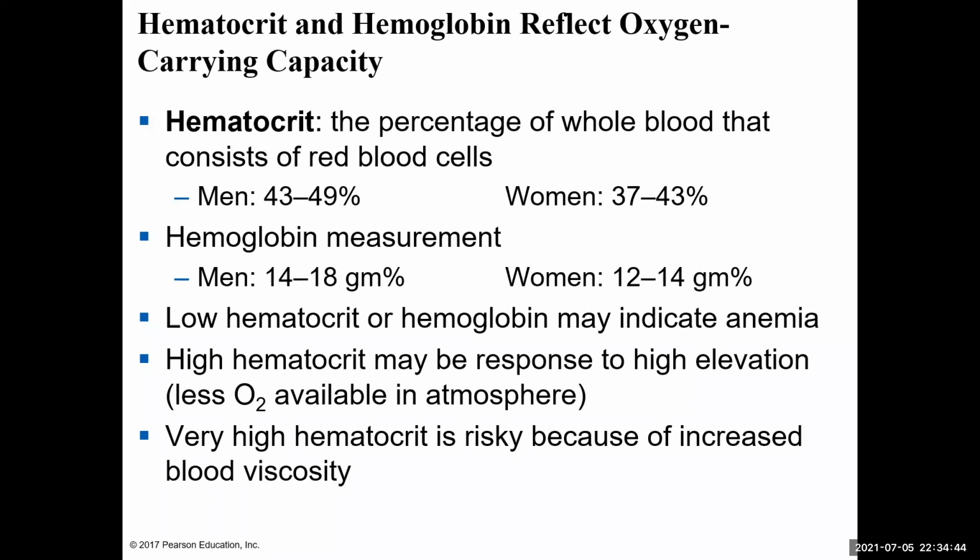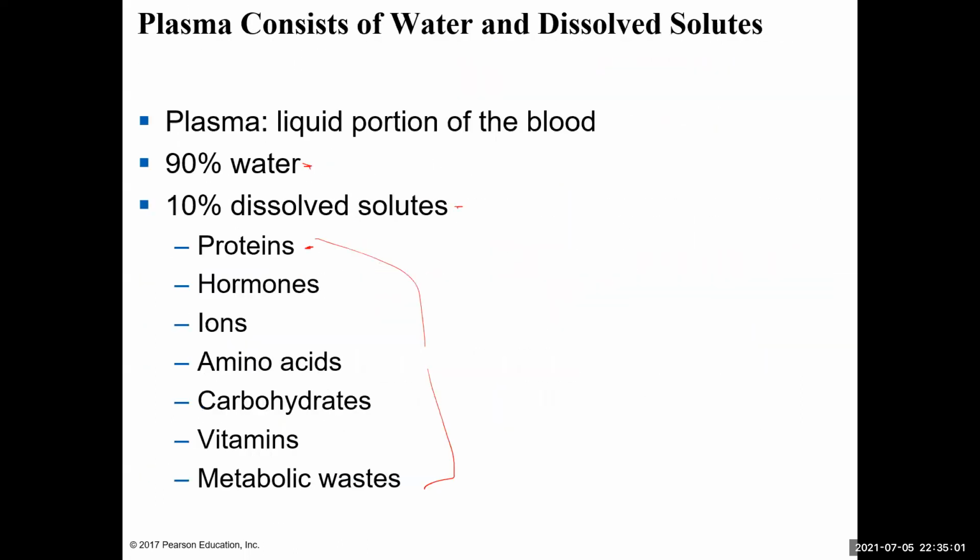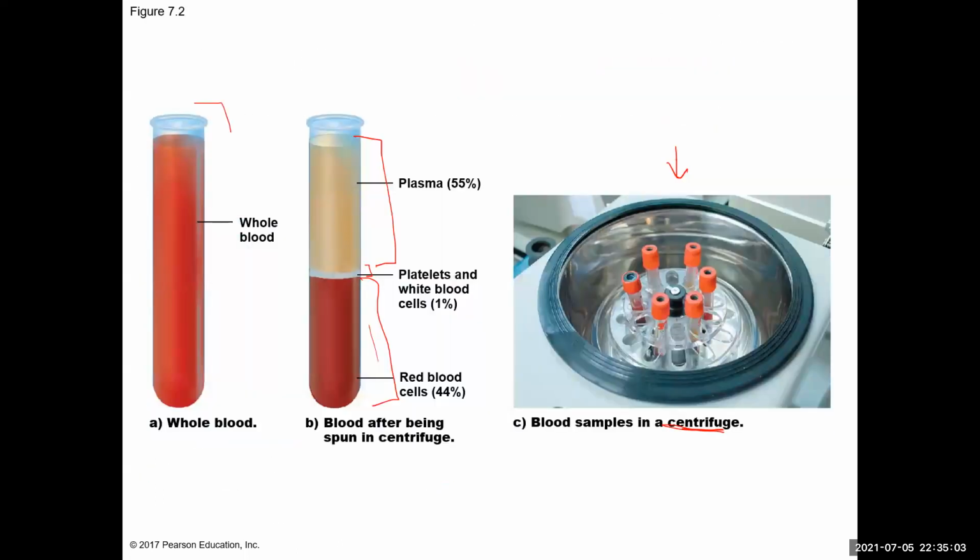Right, so we could take a sample of your blood, centrifuge it down, and we could measure the hematocrit. And so the hematocrit basically is the percentage of the whole blood that is red blood cells, right? So if we centrifuged it down and looked at just this portion here, that would be the hematocrit, right? And so you can measure that percentage, okay?